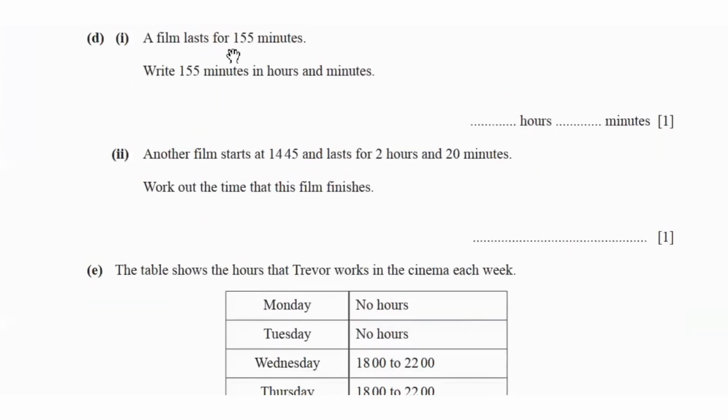Part D says a film lasts for 155 minutes. Write 155 minutes in hours and minutes. So whenever you're converting minutes into hours and minutes, remember that 1 hour has 60 minutes. So if 1 hour has 60 minutes, 155 can be split into 120 plus 35 minutes.